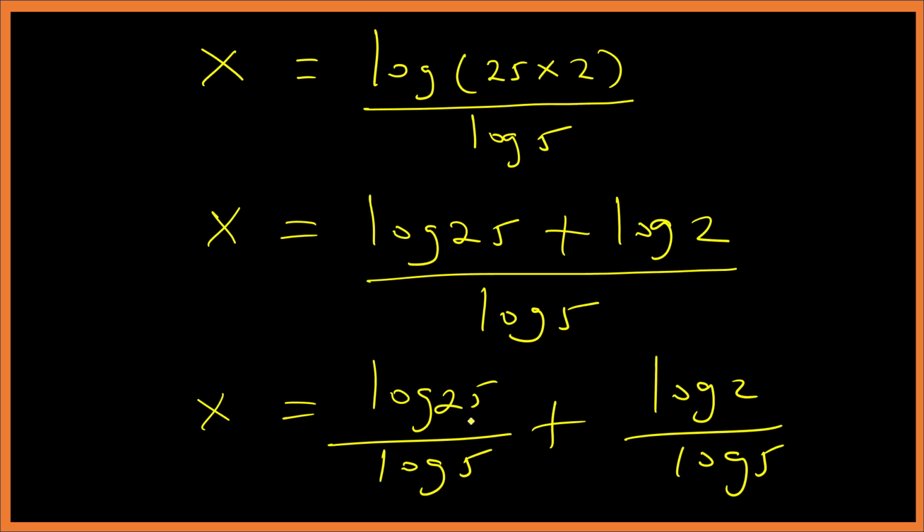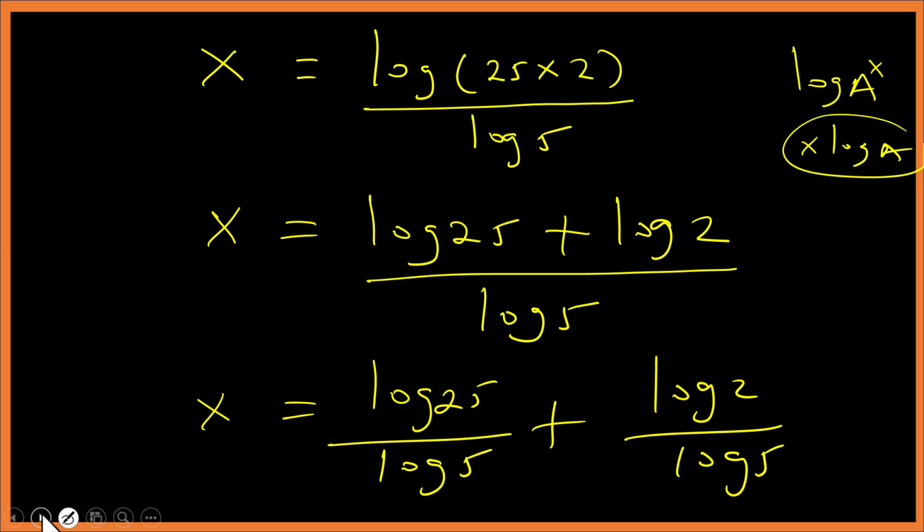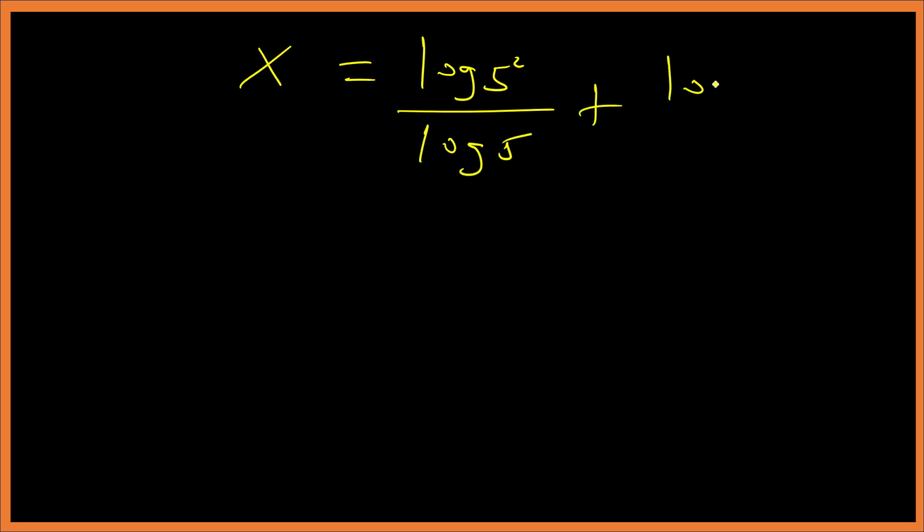When we're given log a to the power x, it's the same as x log a; we call this the power rule. So we can write this as 5 squared is 25, so we can make this side log 5 squared over log 5, plus log 2 over log 5.